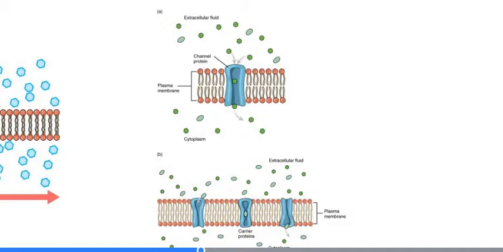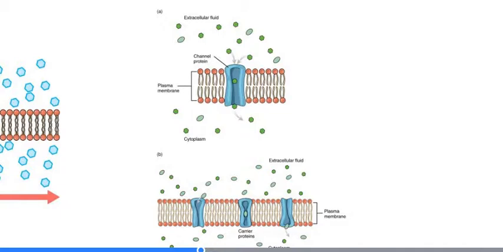However, the hydrophobic tails through the core of the membrane are existing in a hydrophobic, or water-free, essentially, region. Polar molecules can't move through the hydrophobic core of the membrane. They have to move through a protein.